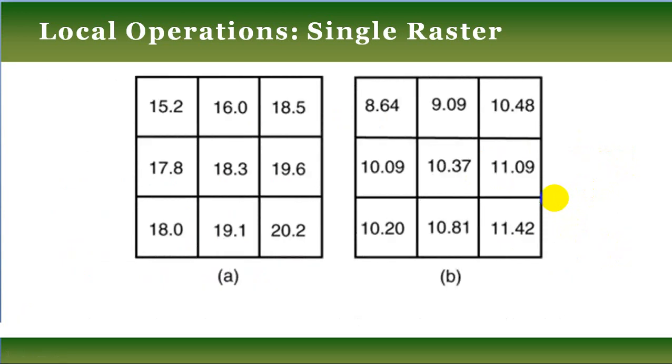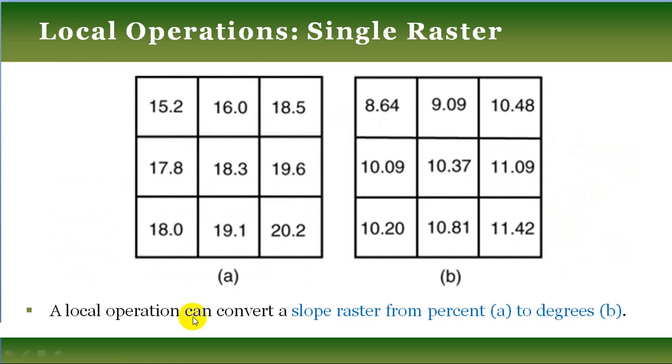For example, as you can see in this example, a local operation was performed, and by using this local operation, the computer converts a slope raster from percentage value to a degree raster.